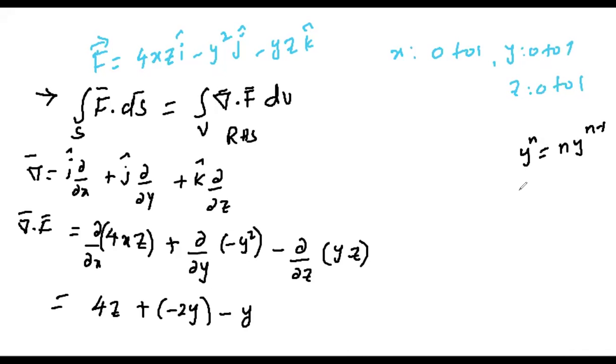Here n is 2, so y squared gives 2y. Similarly, x to the power 1 gives 1. So this is what we got.